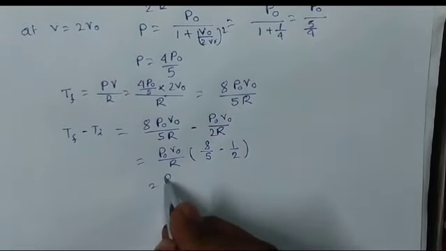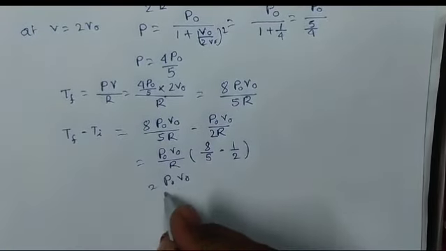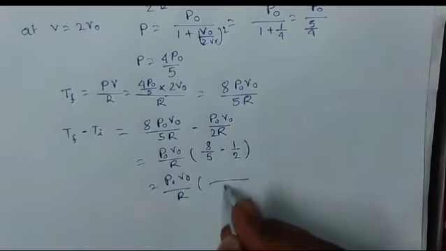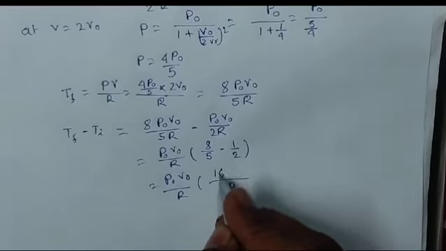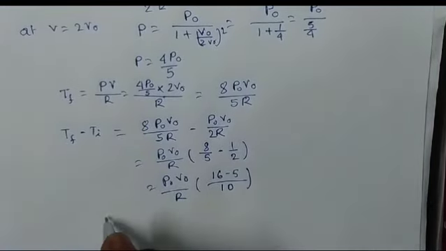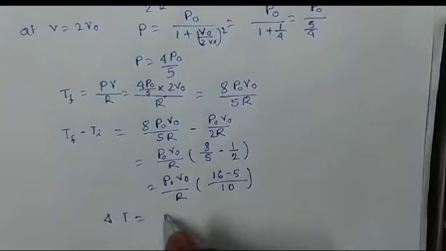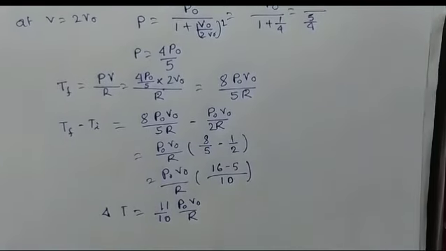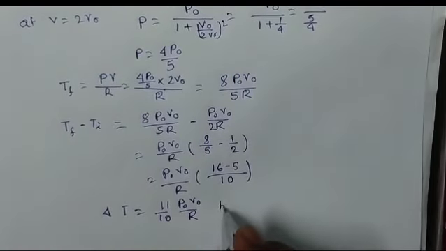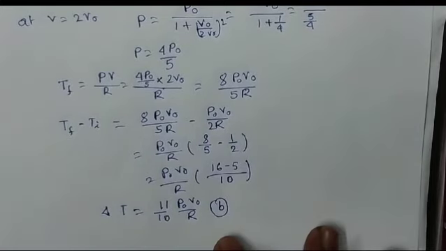So this is basically P0 V0 by R times, this is 10, 16 minus 5. So change in temperature delta T is 11 by 10 P0 V0 by R. So the option B is correct.